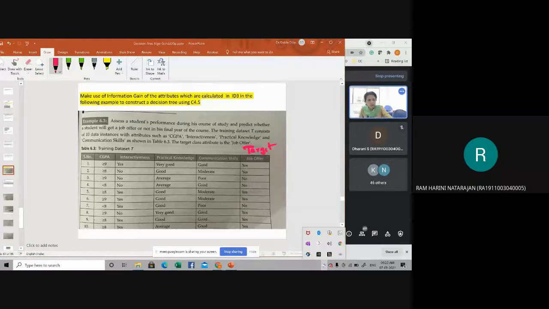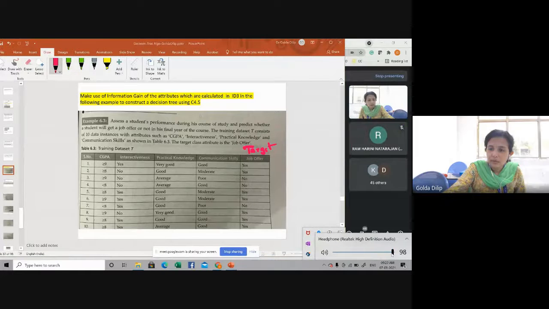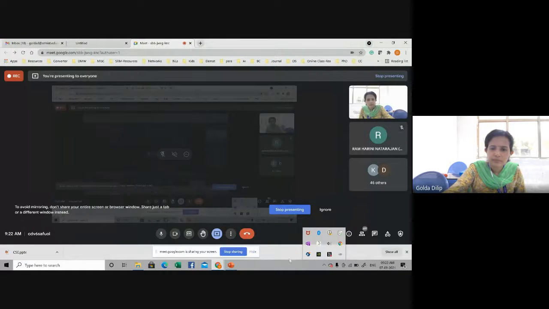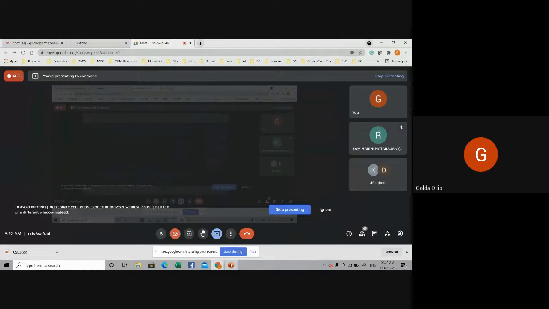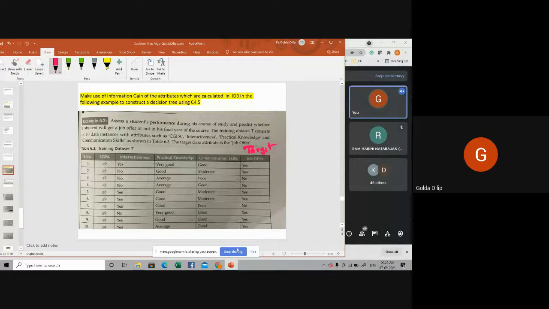Ramharini, present, ma'am. Kalyan Sundar, present, ma'am. Aravind is absent today.